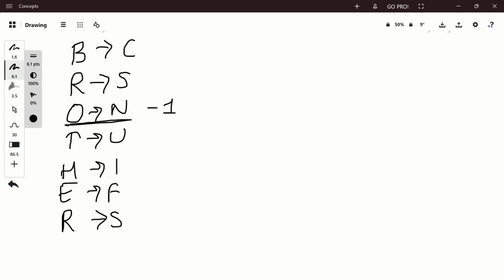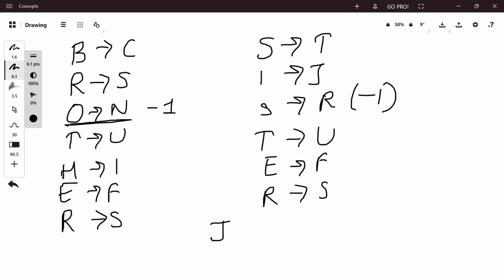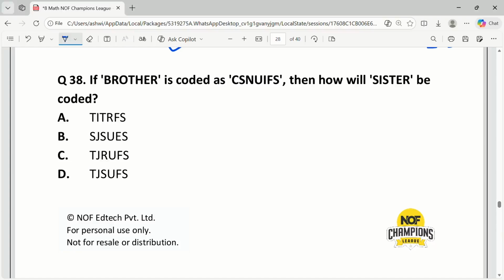Applying the same pattern for SISTER, we have S as T, I as J, S as R, which is -1, T as U, E as F, R as S. The code word will be TJRUFS. Comparing with the options, the answer is C.